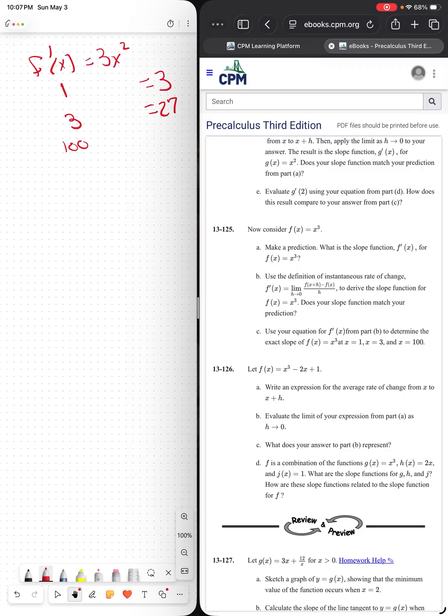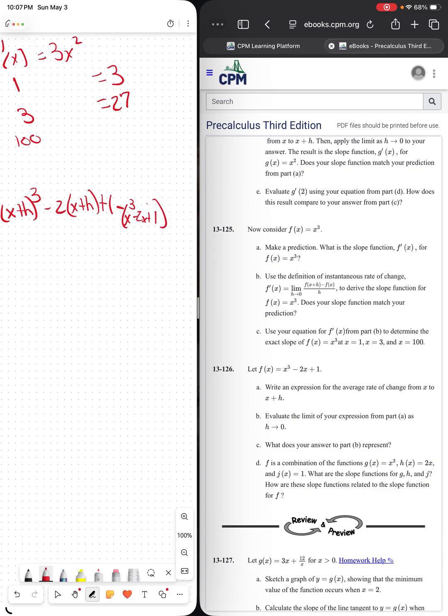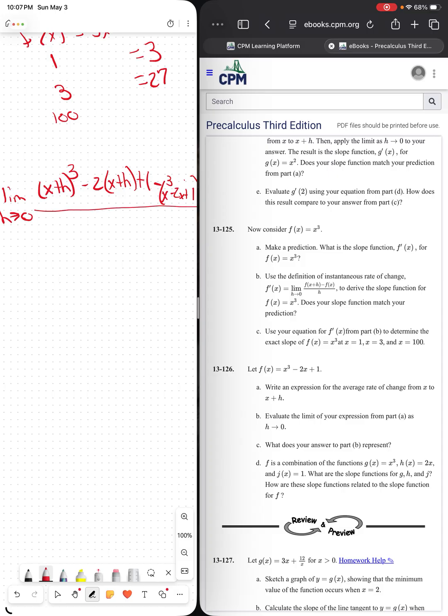So the limit as h approaches 0 of x plus h cubed minus 2 times x plus h plus 1, minus x cubed minus 2x plus 1, all over h.